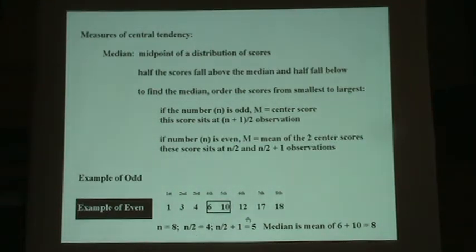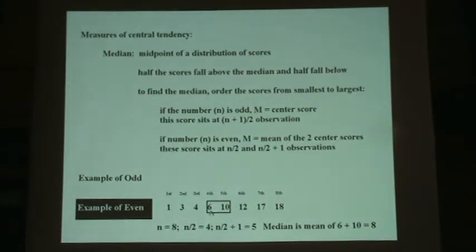We have 8 scores, so 8 divided by 2 would be 4. So 1, 2, 3, 4. This would be the 4th. It would be the mean between this score and the n divided by 2 plus 1, which is 5. So this is the 5th score.